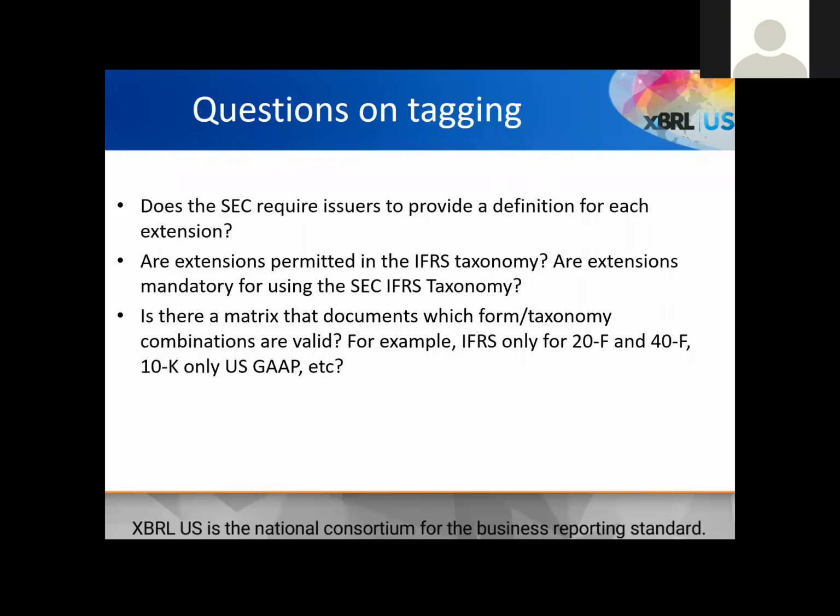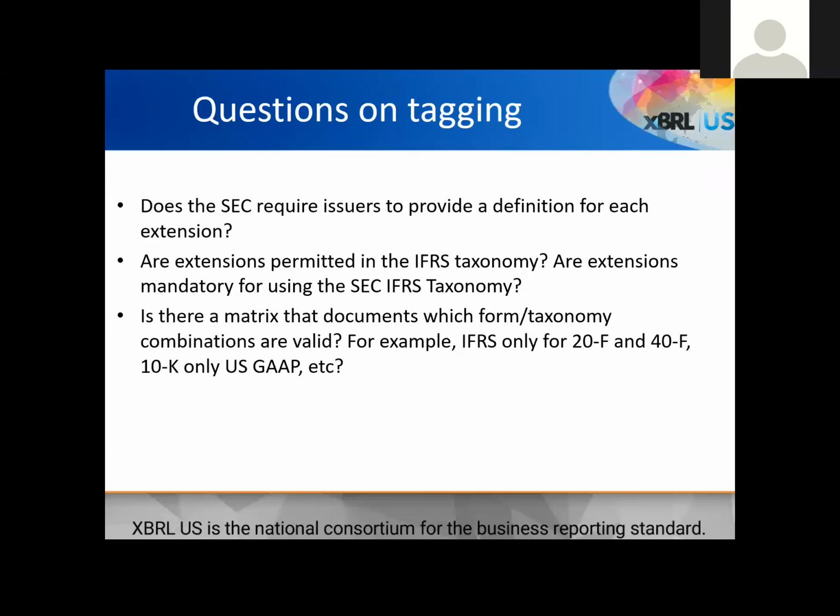Obviously, if you're familiar with the rest of the SEC's XBRL reporting, there's a risk return summary. It's a mutual fund reporting document for which neither IFRS nor US GAAP is relevant, and so that's not allowed on those types of forms.